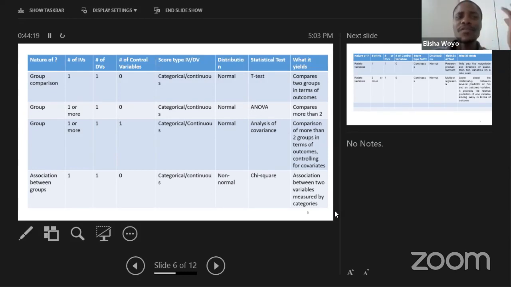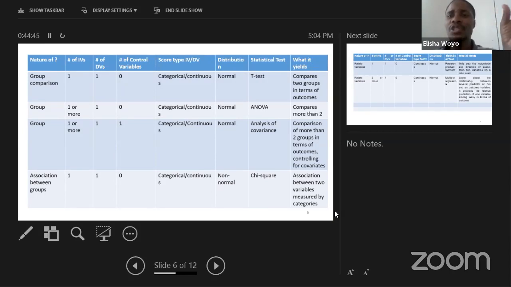Then if the nature of your question is group comparison, you have got one or more independent variables and one dependent variable, and this time you have got a covariate, and your data remains categorical, continuous, and normal, then you're going to use what we call analysis of covariance.